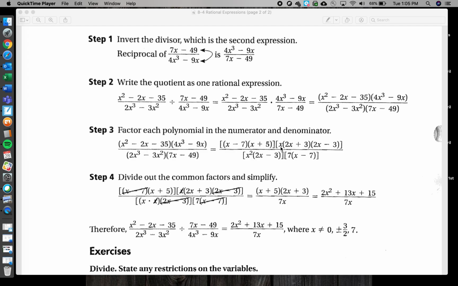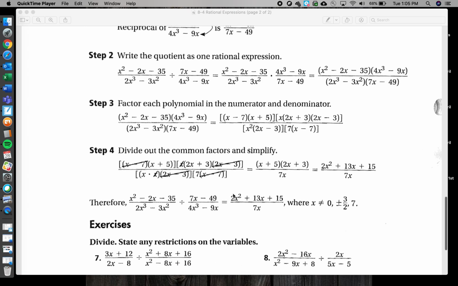This x right here is a factor, and therefore can cancel out one of these x's that is also a factor. Okay? 2x plus 3 doesn't work out. There is a 2x minus 3 that does cancel. So if we get rid of all the common factors and do our simplifying, here is what is left: x plus 5 times 2x plus 3, all over 7x.